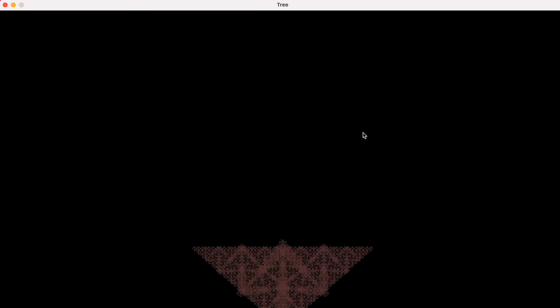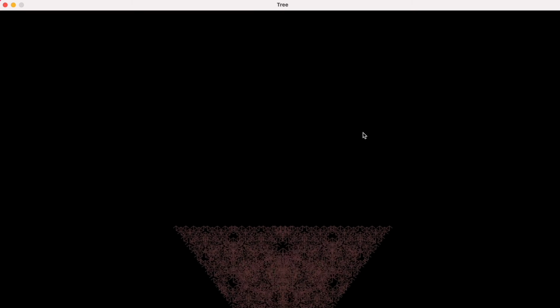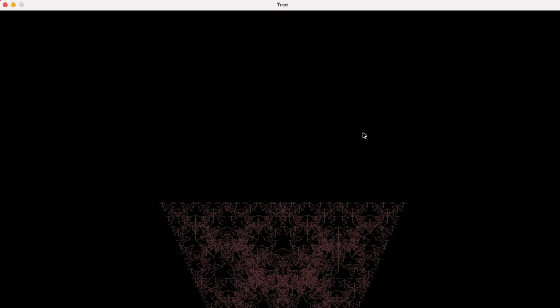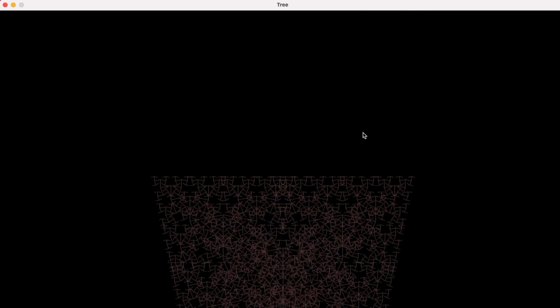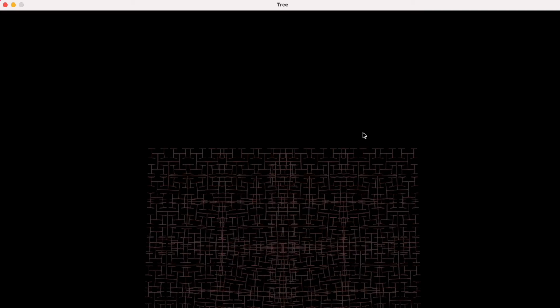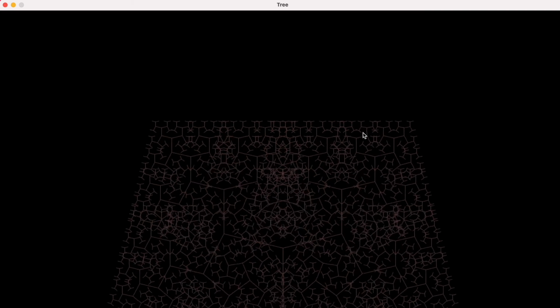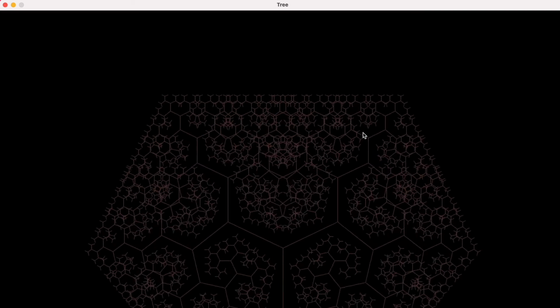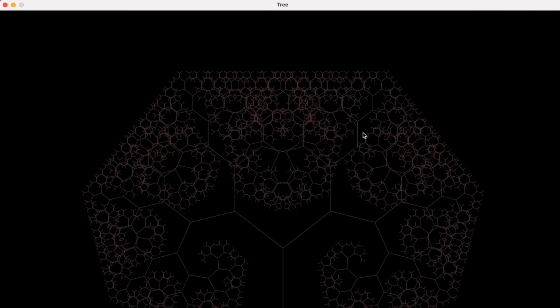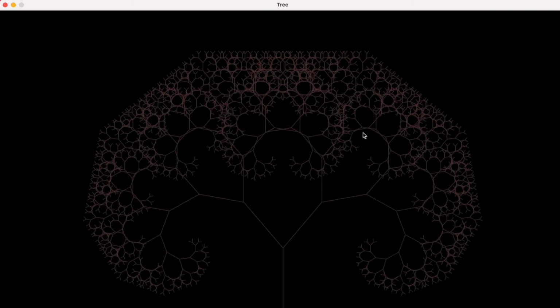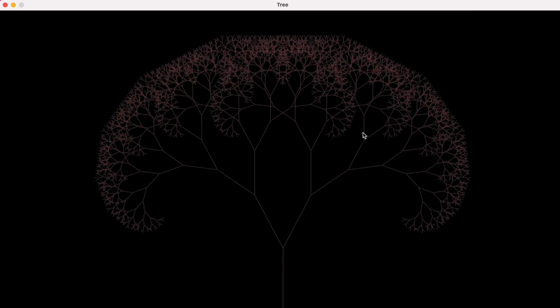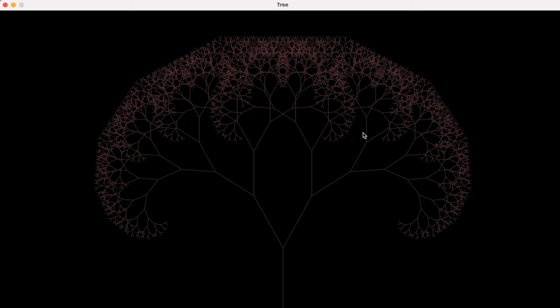And in nature, trees are just like that. The branches branch out, and then more branches branch out from the branches, which is why fractals are more common than we think they are, and not just something that appears on screen. Like, as you can see, this looks like a pretty realistic tree.